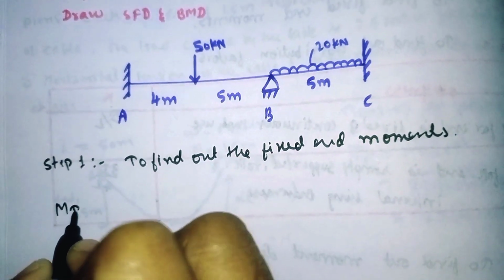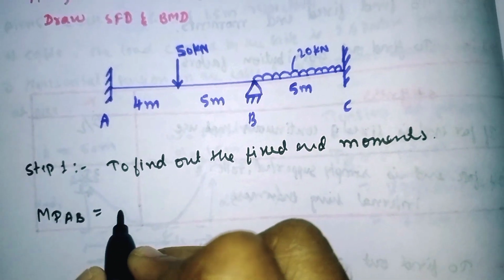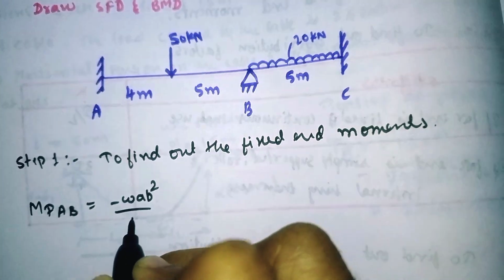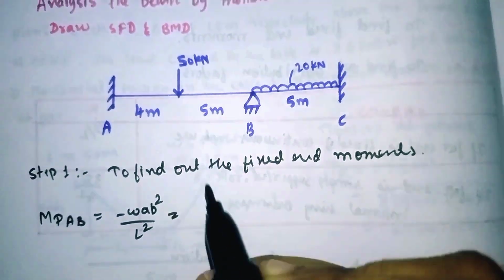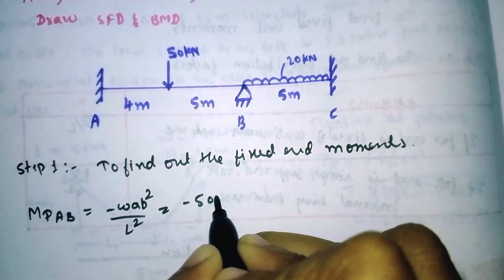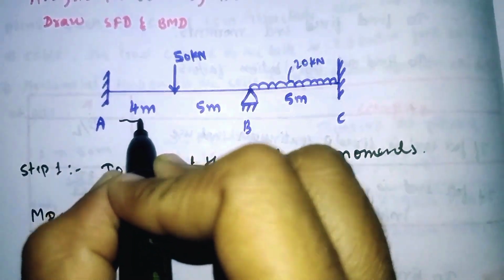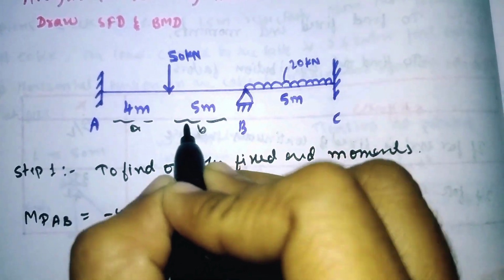So the fixed end moment about AB. It is anti-clockwise. We have the formula minus W A B square divided by L square. So now substitute all the values. Our load is 50, so minus 50 into A. From here to here the value is A, and from here to here is the B distance.